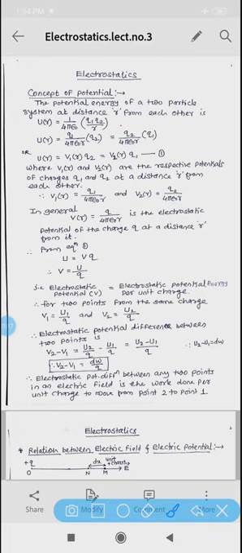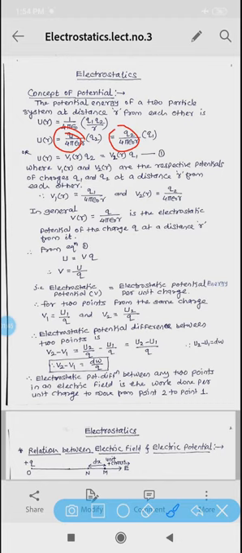Now suppose this bracket is V1, where V1 is the potential of the charge Q1 at a distance r, and this term Q2 upon 4 pi epsilon 0 r is equal to V2(r).